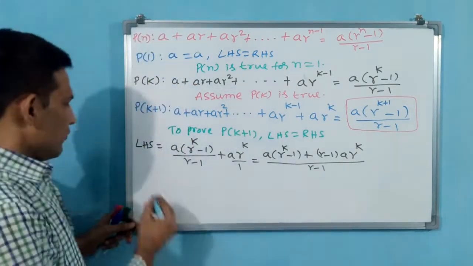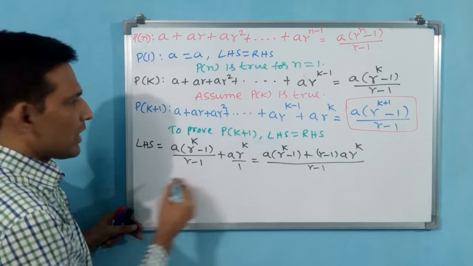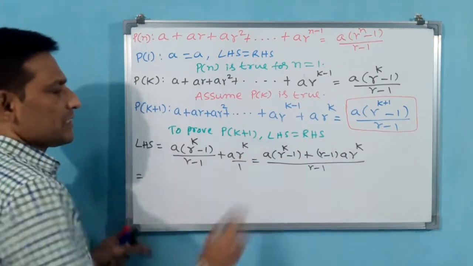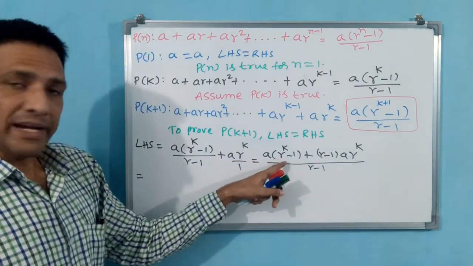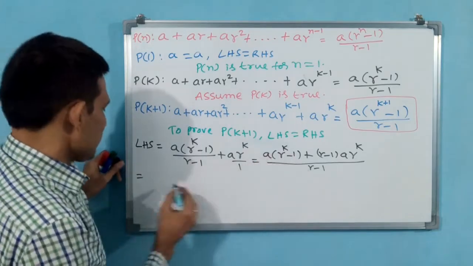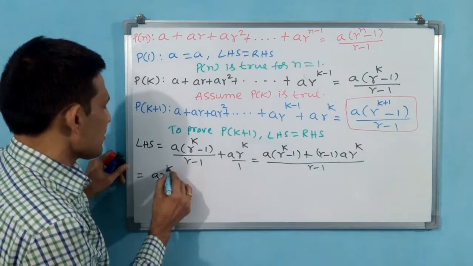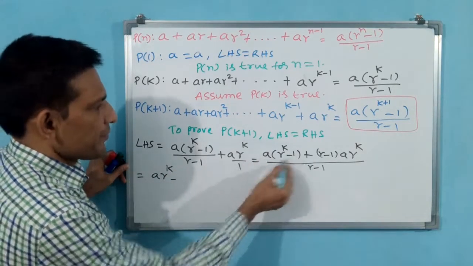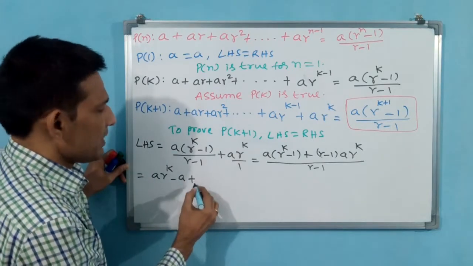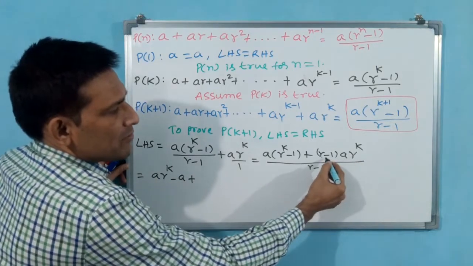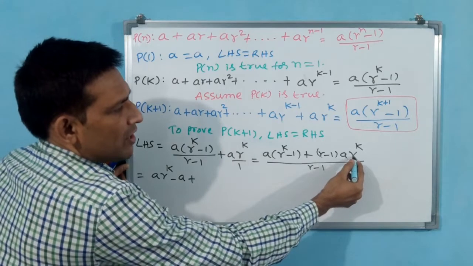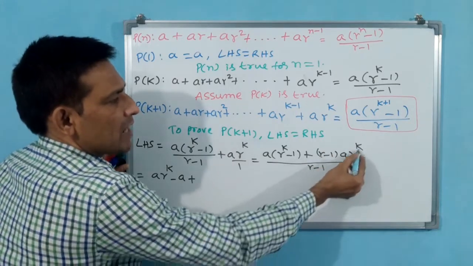Now we write here because we have to do some expansion. You send A inside A into R power k: write down A into R power k minus A. Plus you send A into R power k inside: R power k, R power 1, R power k plus 1.